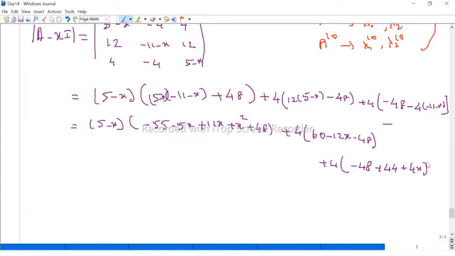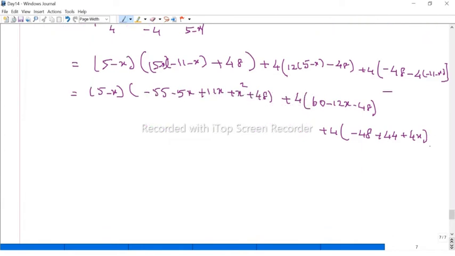Okay, now if you simplify and then find the eigenvalues. So this is equal to 5 minus x times, we write in the decreasing order, x square, and this is 5x and this is 11x, therefore this should be plus 6x.